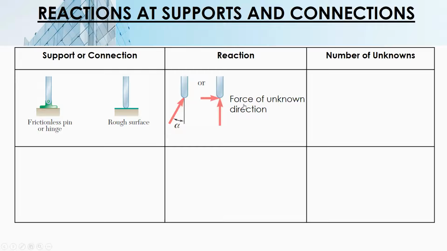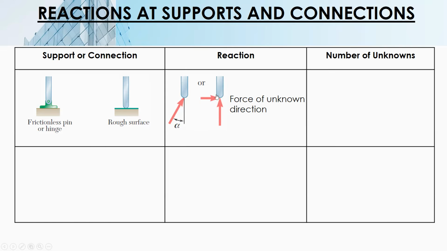So, its reaction is two, two unknowns or this one. It can be a resultant, but with angle, so you still have two unknowns. Resultant, magnitude, and direction, or components. It depends.